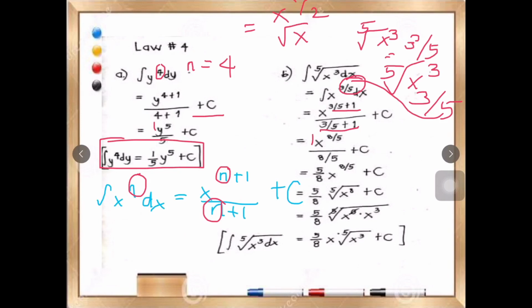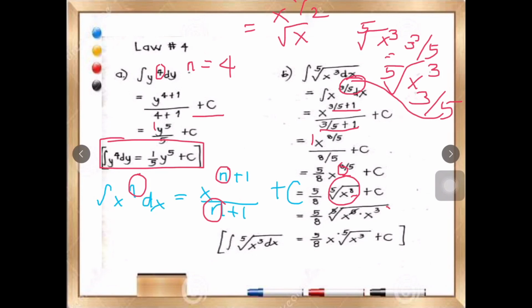Imagine a 1 here: 1 divided by 8 over 5, we will get 5 over 8, times x raised to 8 over 5.